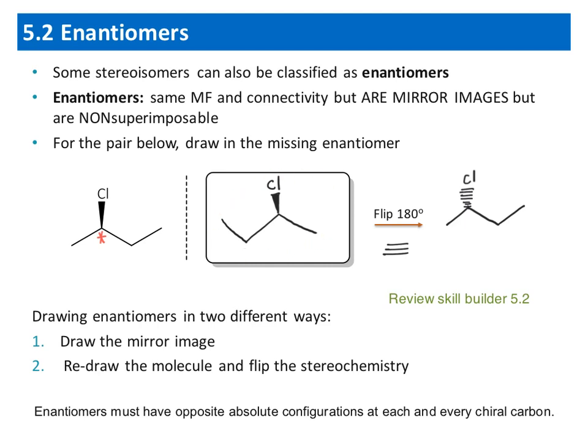And another important point here is to remember that you can only draw one enantiomer for a single molecule. When you look at the mirror, there is only one of you in the mirror, right? There is only one mirror image of you there. So you cannot draw multiple enantiomers for a single molecule. There is only one mirror image for that molecule.